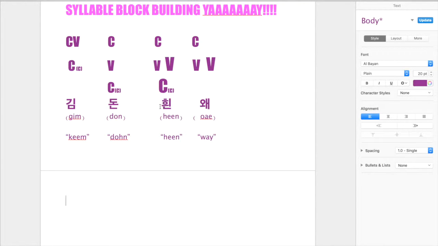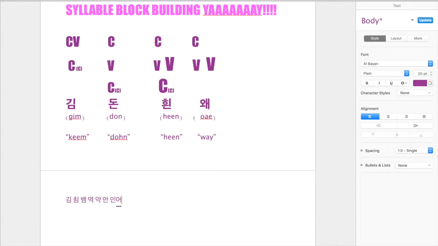This vowel right here is a long vowel, so it's going to be on the side. So if you have kim, or chim, you will always have consonant, vowel, consonant like this, because this is a longer vertical vowel.